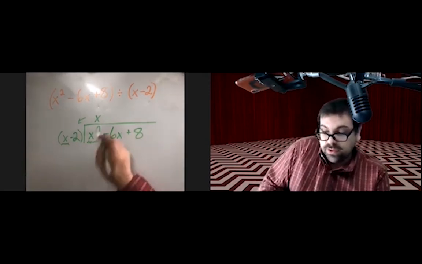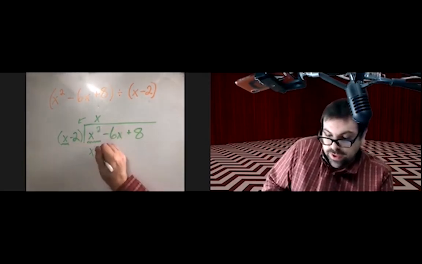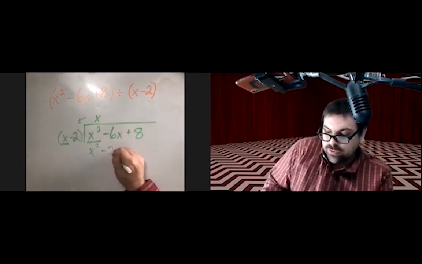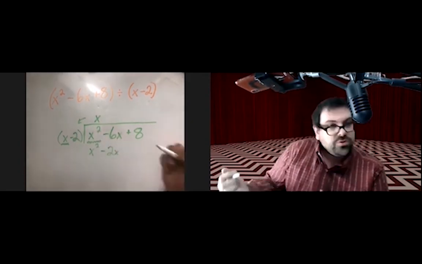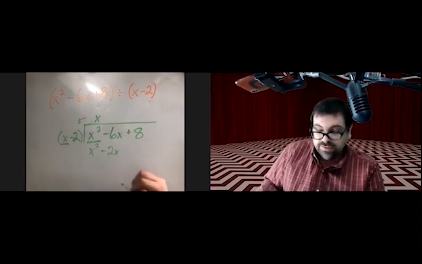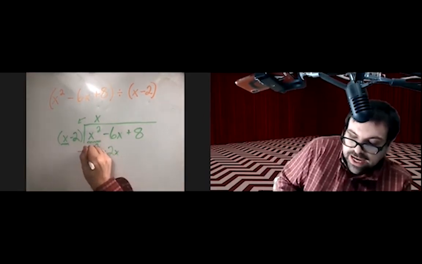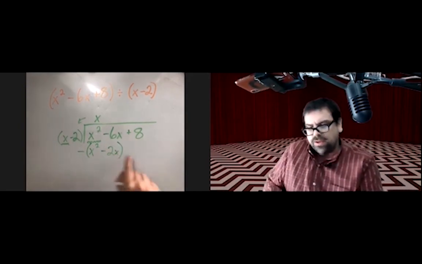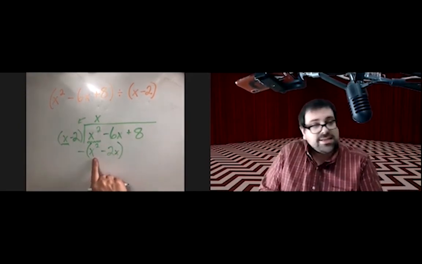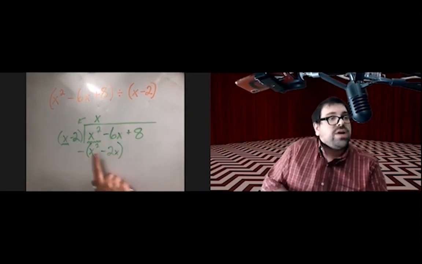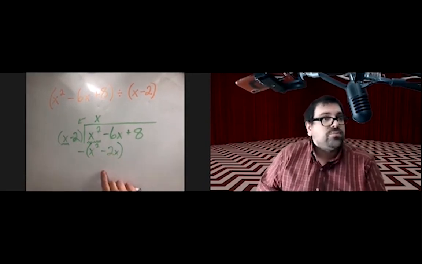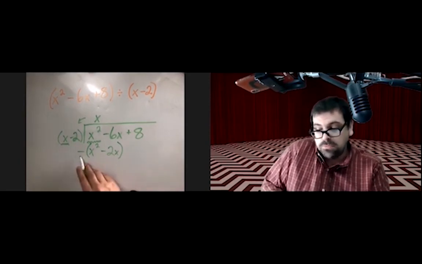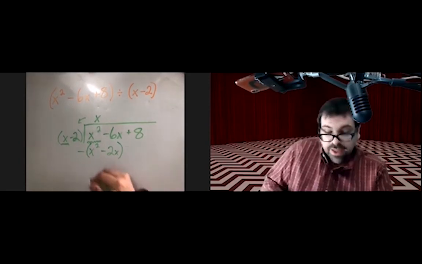We distribute. X squared minus 2x. Just like in the normal division problem, we are going to subtract. But when we subtract, keep in mind that's the entire thing. We're not just subtracting the x squared, we're also subtracting the negative 2x, which means that turns into minus a negative, plus.